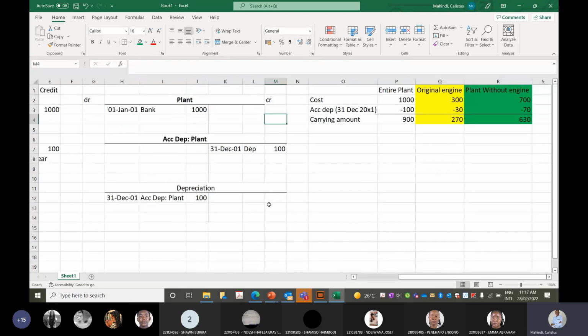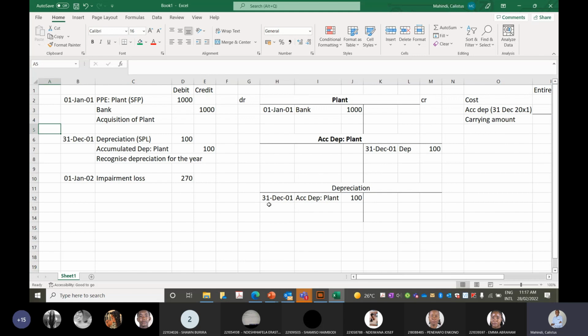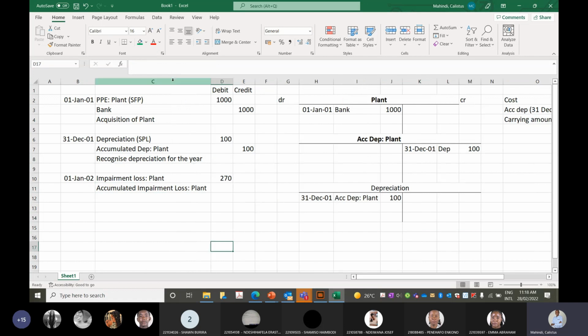So we calculated it. We debit the impairment loss, but we must specify the impairment loss of the plant. And then what account do we credit? We credit an account called accumulated impairment loss. We're going to deal with impairment losses as the fourth topic this semester, but for now, you just need to know the journal entry.